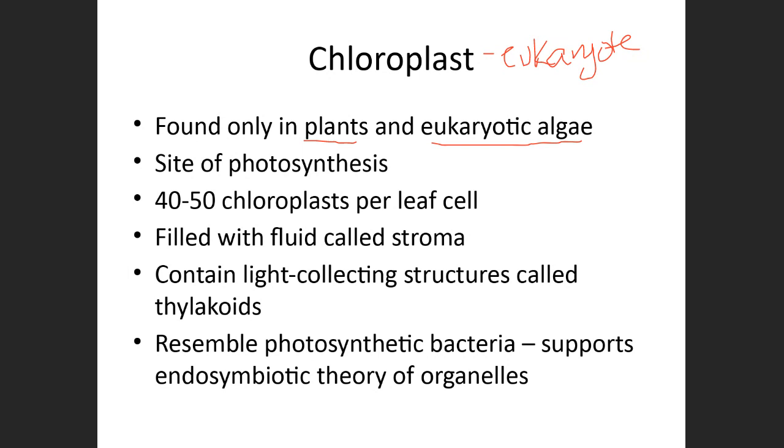The chloroplast likely did the same thing. It was a small photosynthetic organism, got engulfed by a bigger organism, and now they work for it. Okay, so this is the site where photosynthesis takes place, and we're going to learn more about photosynthesis in the next chapter as well.